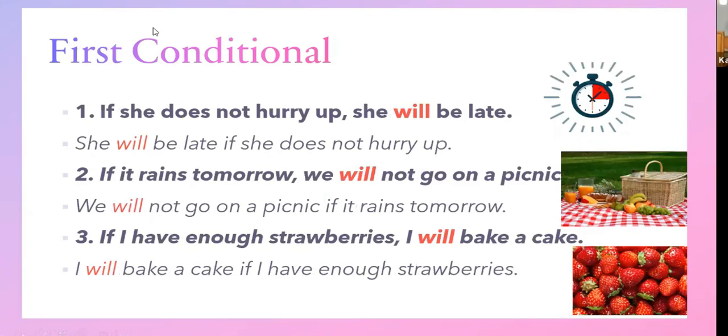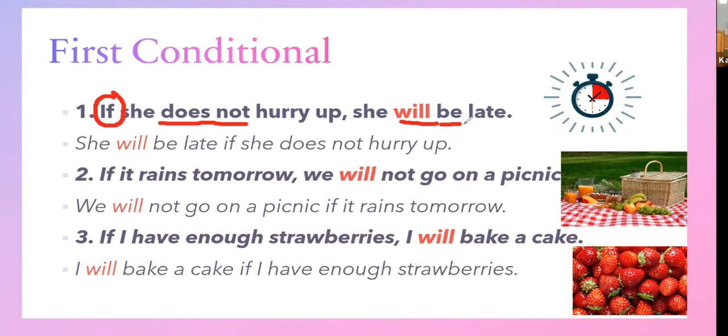And then we have first conditional. Some examples. Remember, in our first conditional, we talk about possibilities and we use will. We use our clue word will. Okay? So we have, if she does not hurry up, she will be late.